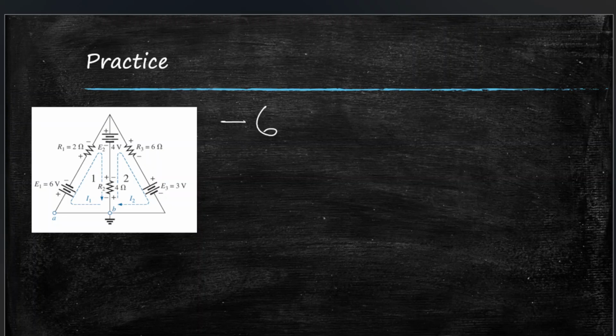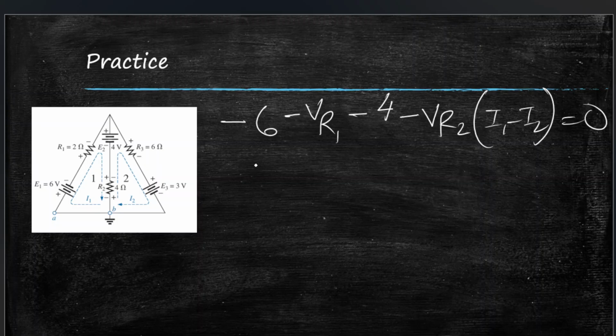So minus 6, and then VR1, so minus VR1, and then again E2, so that's minus 4, and R2, which will be minus again, minus VR2 times I1 minus I2 equal to 0.